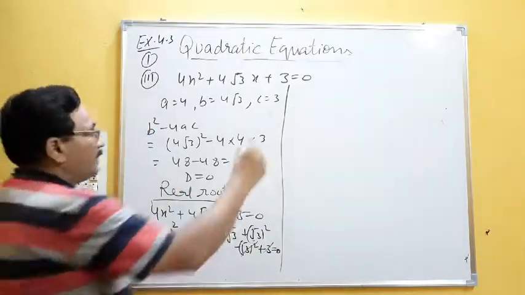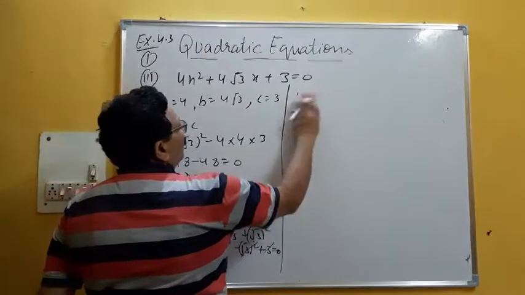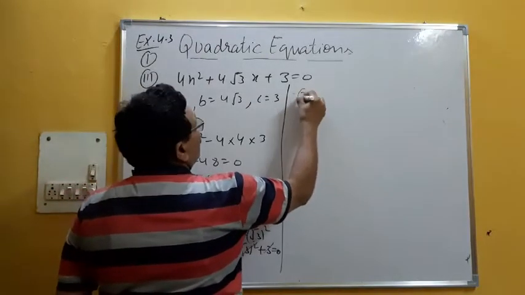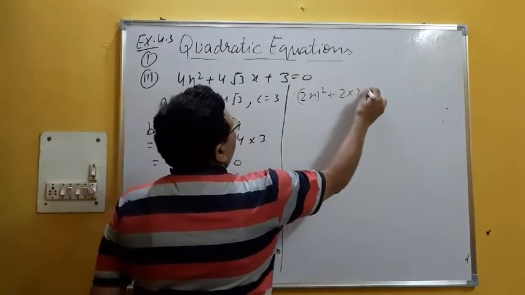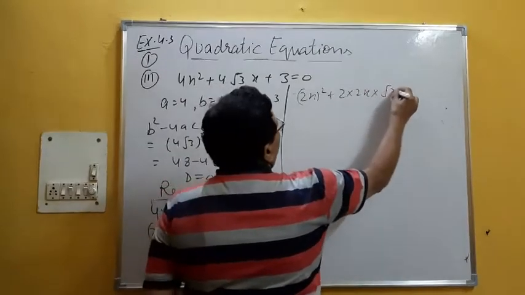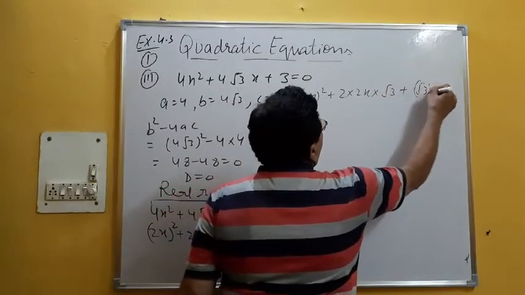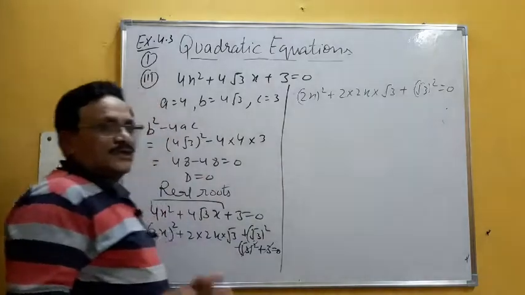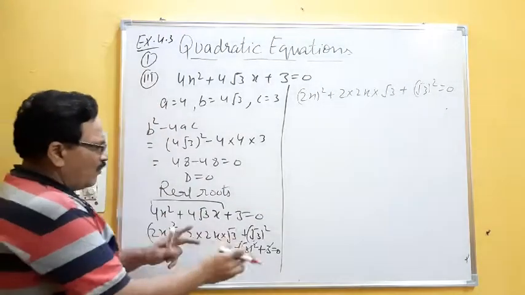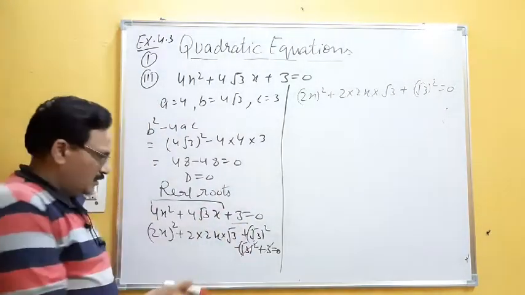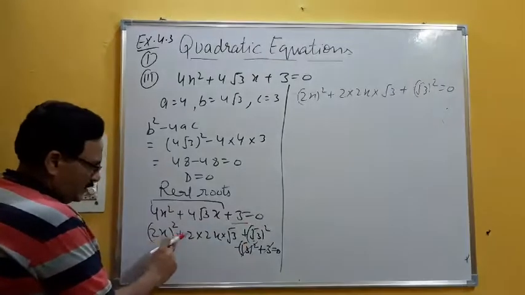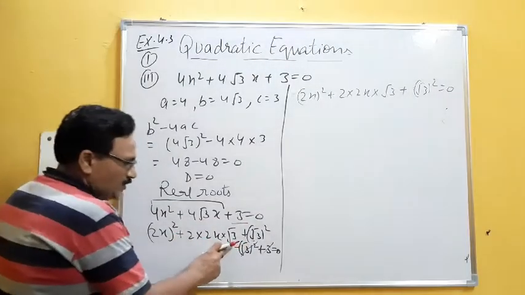Here I will do. See, this is 2x square plus 2 into 2x into root 3 square is equal to 0. So what I did, I forgot about this part. It is given or not. So I am using a square plus 2ab form, and now b is coming root 3 square.